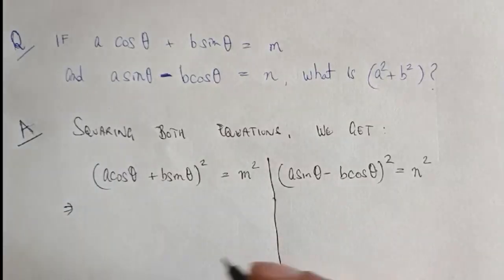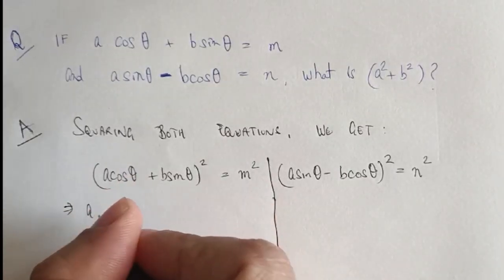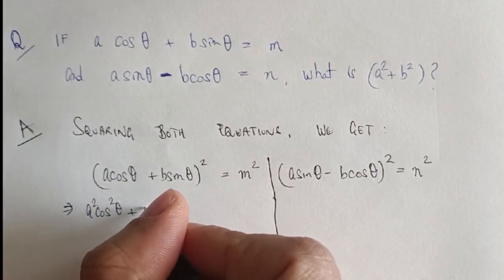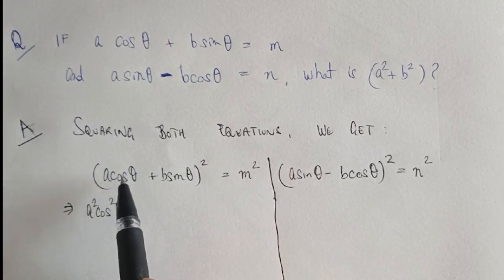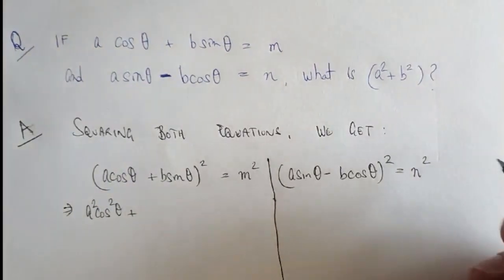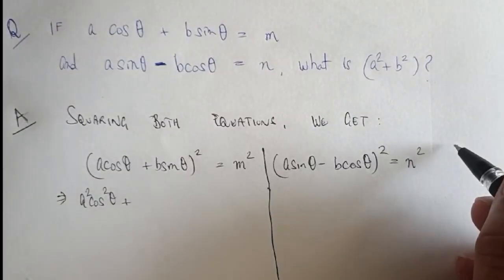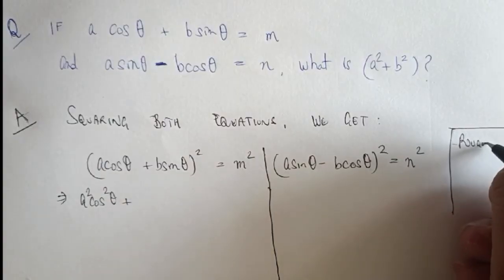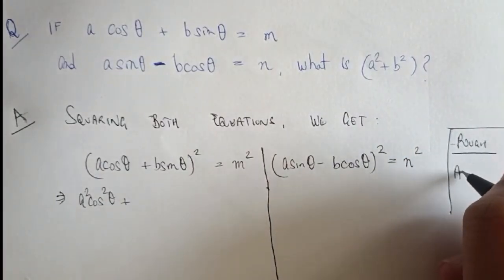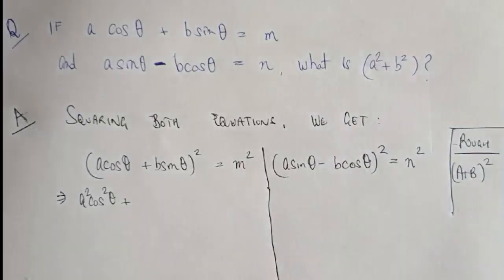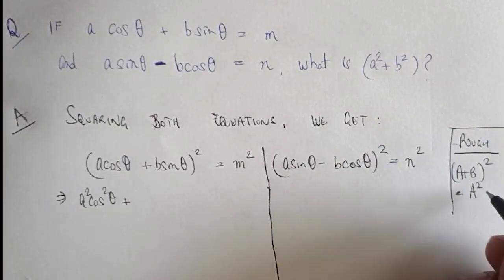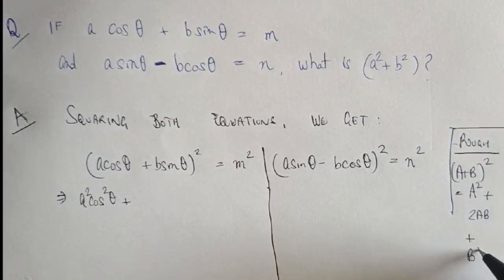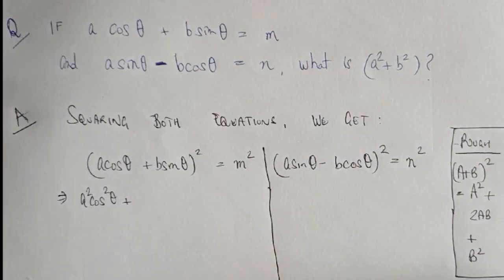Now what this gives us is a squared cos squared theta plus, so this is a plus b whole squared. Let me just put it here into my rough work, where we know that a plus b whole squared is equal to a squared plus 2ab plus b squared, right? This is what we are aware of, right?